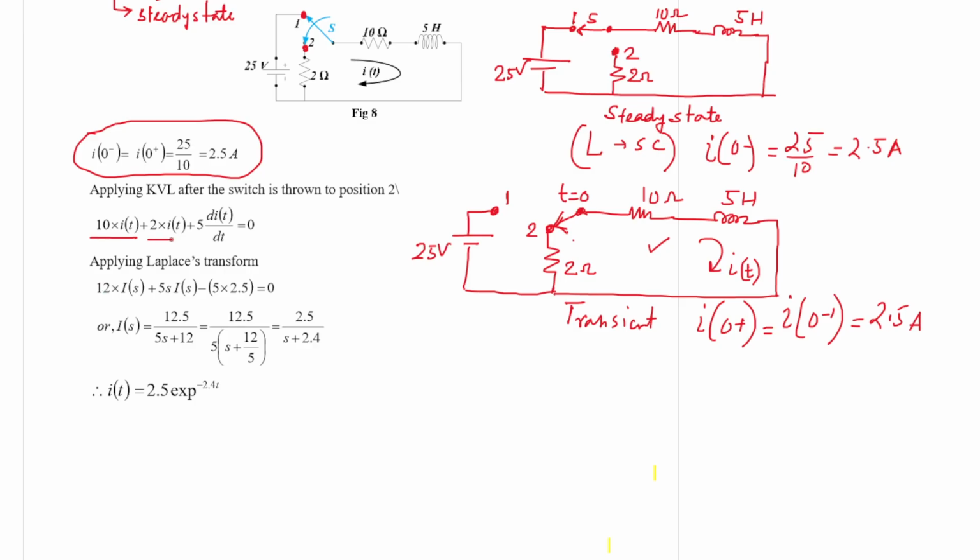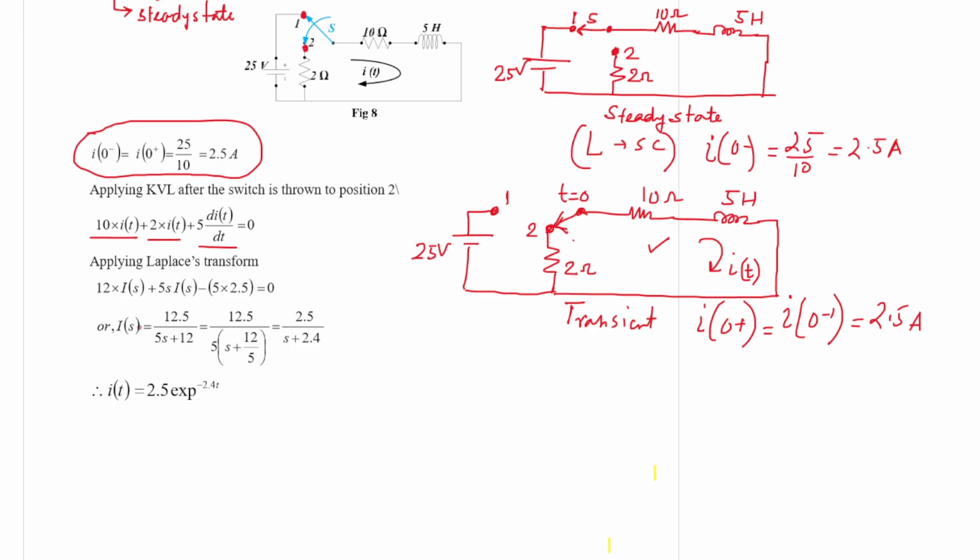Then we have 2 i(t), the voltage drop across the 2 ohm resistor, and then 5 di/dt, the voltage drop across the 5 Henry inductance. That must be equal to 0 because we have no energy source.